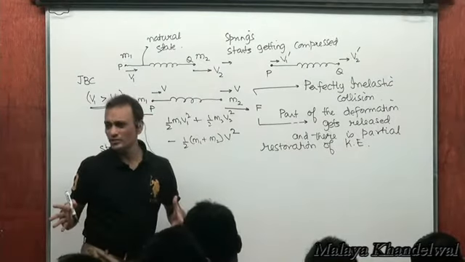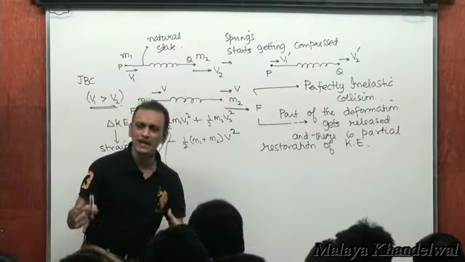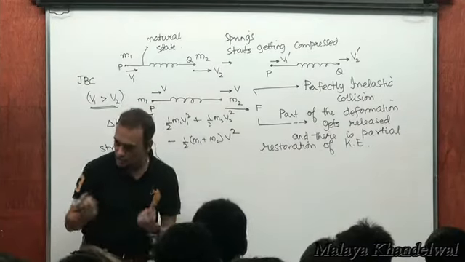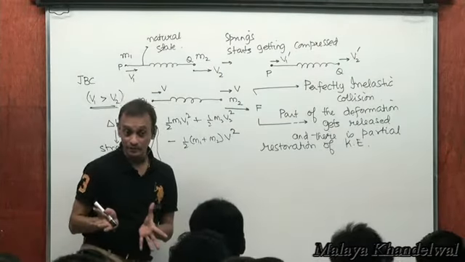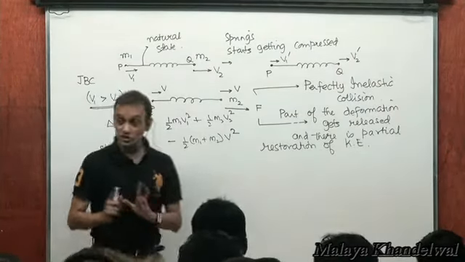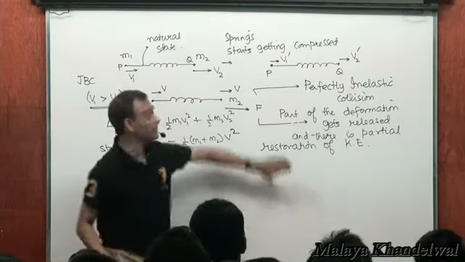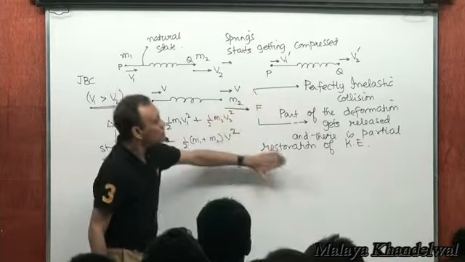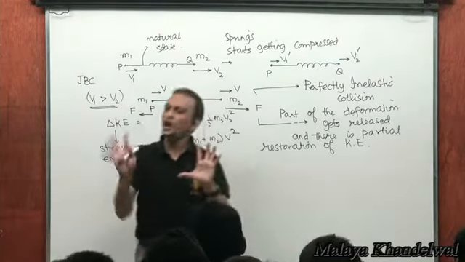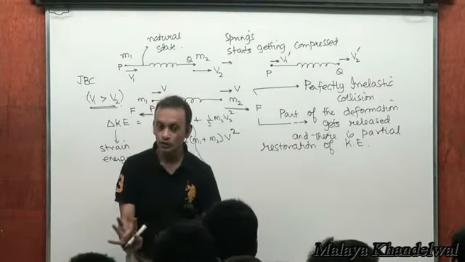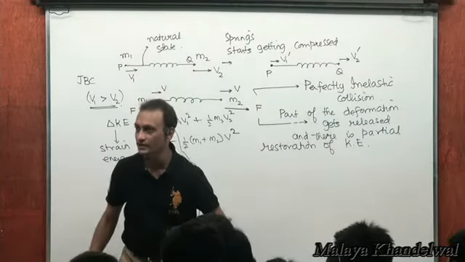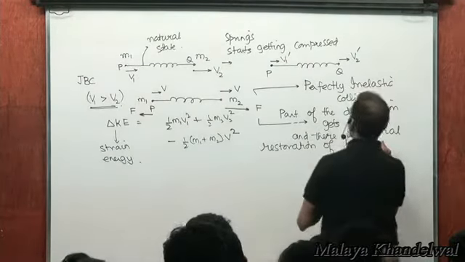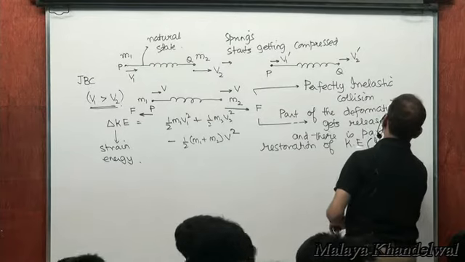Then part of the deformation energy gets released. Only to that extent the original kinetic energy gets restored, but not completely, right? So there still is loss of kinetic energy in the state, but less than the loss of kinetic energy in this state. This kind of a collision where there is partial loss of kinetic energy, not a maximum possible loss of kinetic energy, this is called just an inelastic collision.